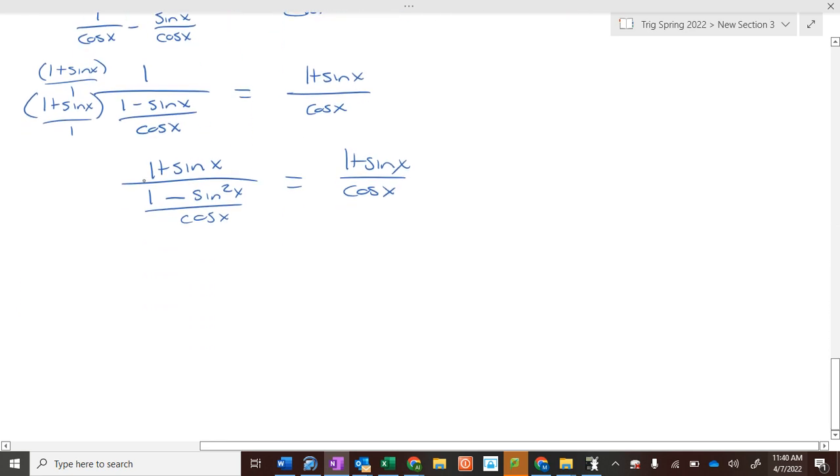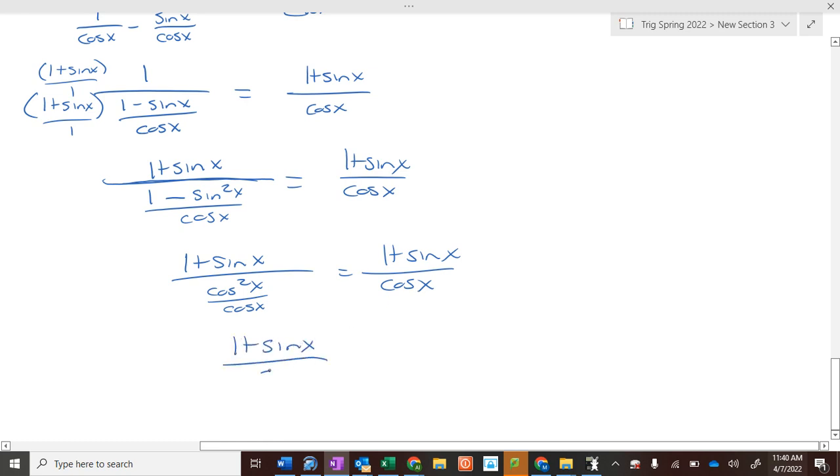So my numerator is good. So I don't want to touch my numerator anymore. It's just my denominator. What's 1 minus sine squared of x? Cosine squared of x. So 1 plus sine of x over cosine of x equals 1 plus sine of x over cosine of x, because cosine squared over cosine is cosine.